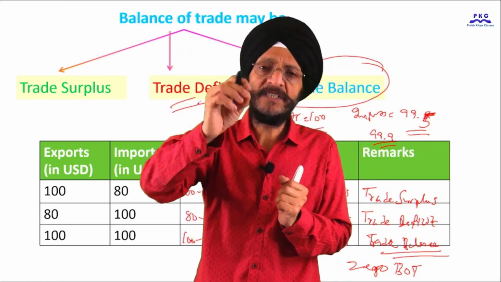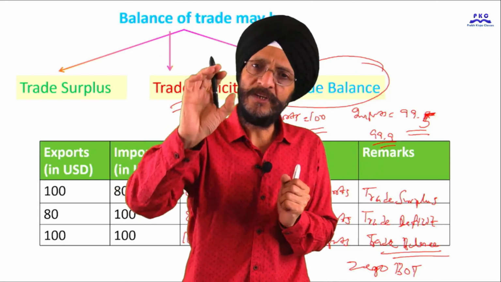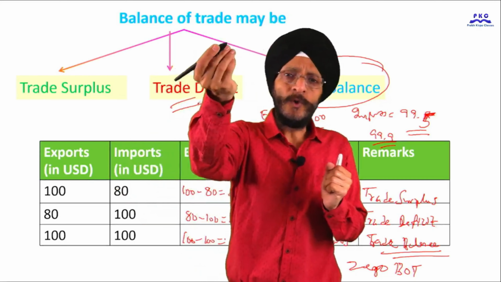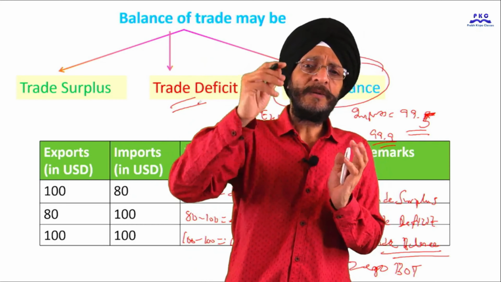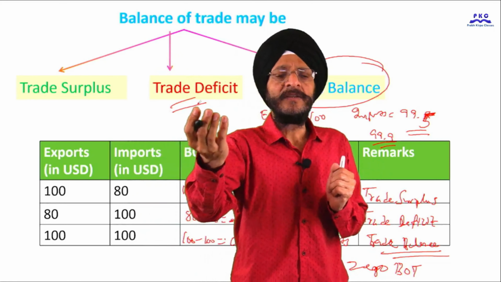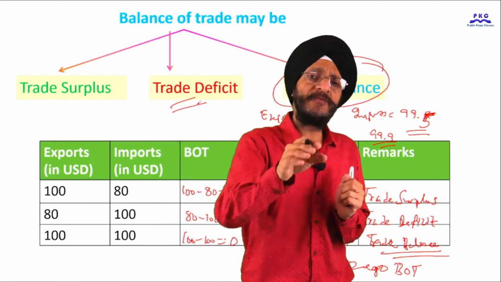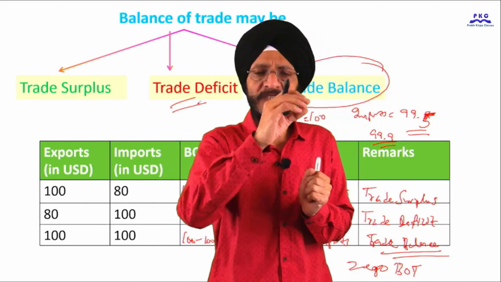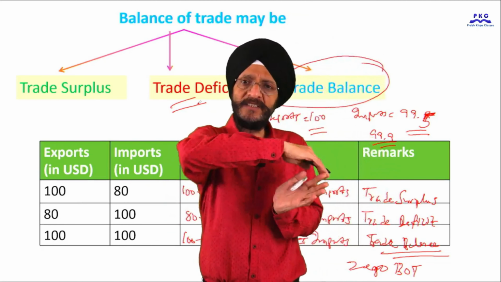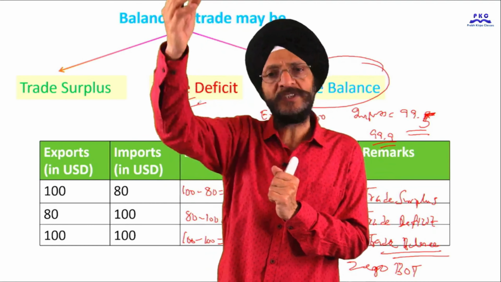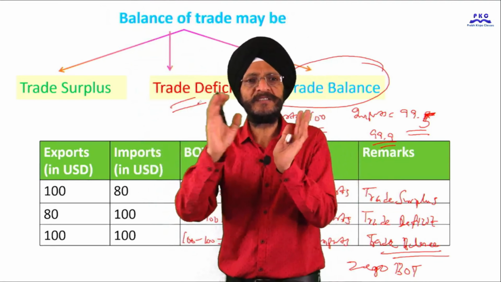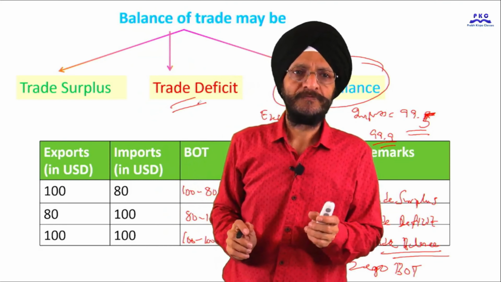Further, the domestic saving rate in USA is low. Further, in USA many of the industries get their products manufactured in other countries because the cost is less. After manufacturing, they import those goods and sell them in USA. So due to these reasons, there is a trade deficit in USA.